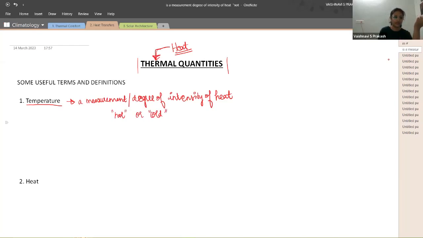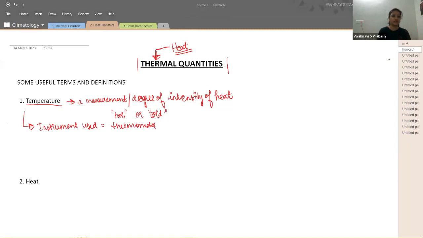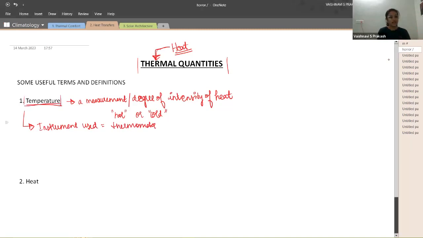And how do you measure temperature? Using a thermometer. Instrument used is thermometer. Now, there is more than one unit through which you can measure temperature, right? We all know the SI unit. Can you tell me what the SI unit of temperature is?